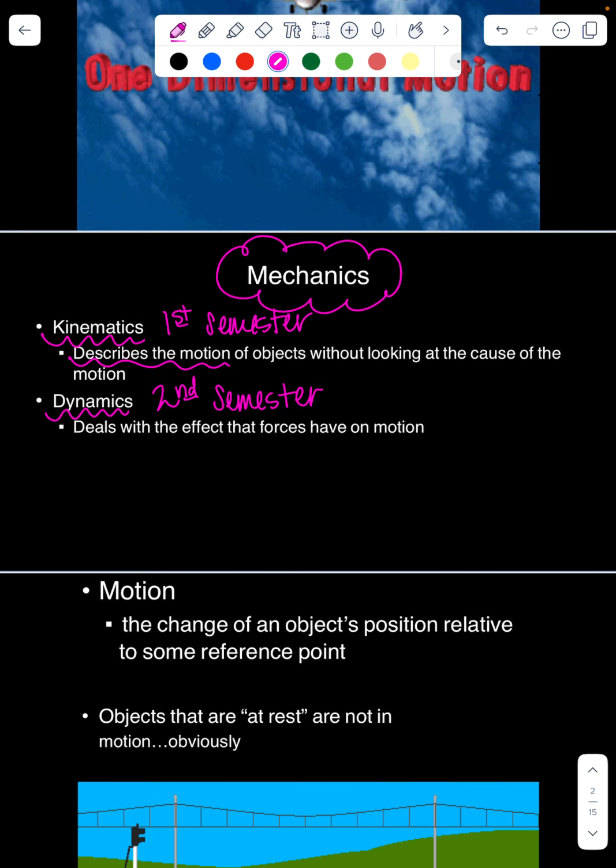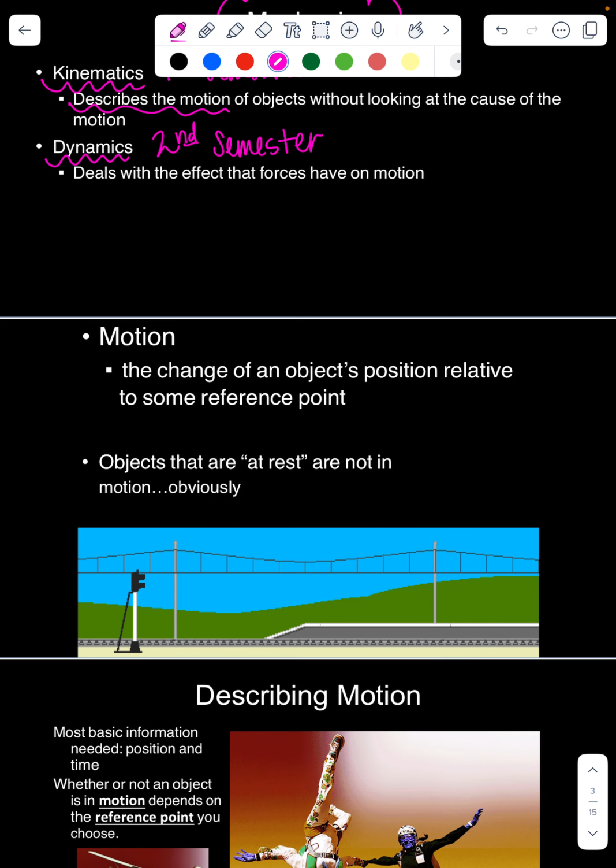All right, so whenever we look at motion, remember this is all about describing motion. All we are doing is looking at the change of an object's position, and the biggest part comes right here: relative to some reference point.